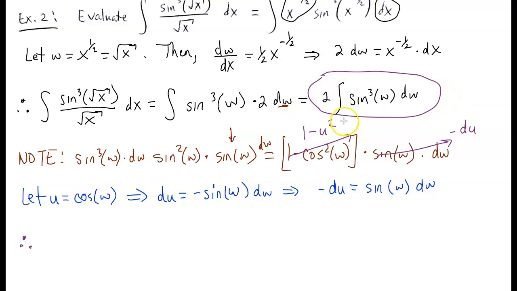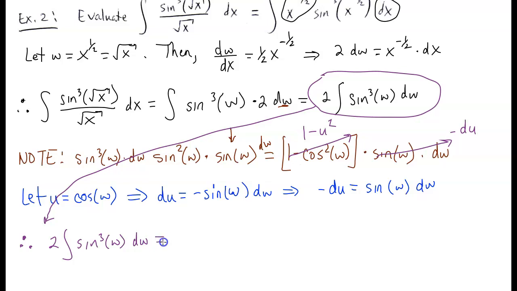I'm going to draw an arrow down here to signify that we're going to finish up using that. Got sine cubed dw. This is just going to be 2 times the integral. We can replace this with just 1 minus u squared du.